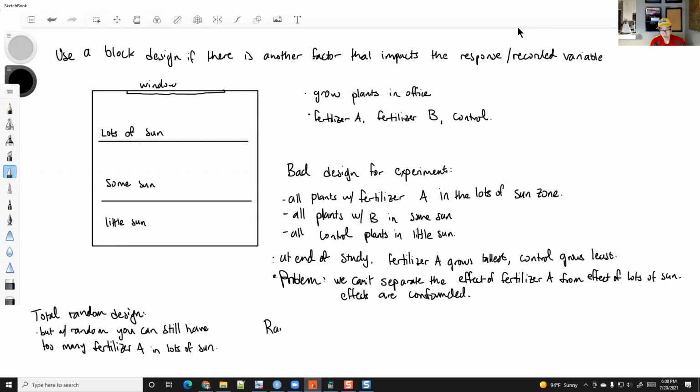So in the randomized block design, you would make sure you get three from each category, three A, three B, and three C, in each zone of sun.